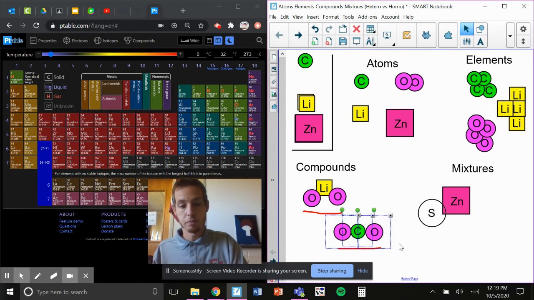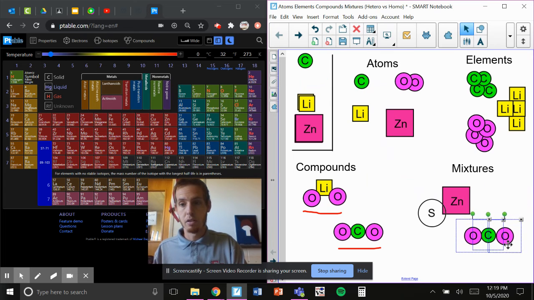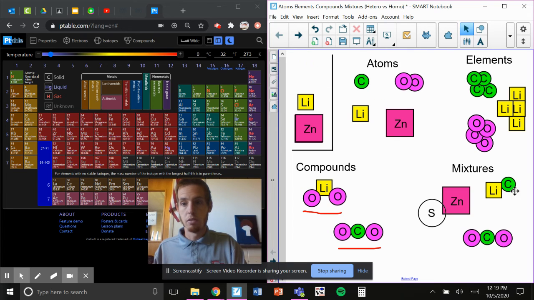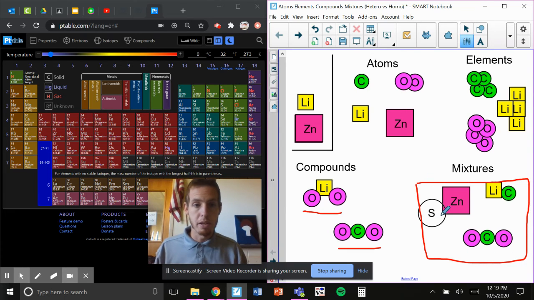For example, maybe it's some of this together. Maybe there's lithium carbide, something like that. In that case, this whole thing together would be a mixture because there are all these different parts in it, kind of like a salad. So there is a small, quick little rundown of atoms, elements, compounds, and mixtures.